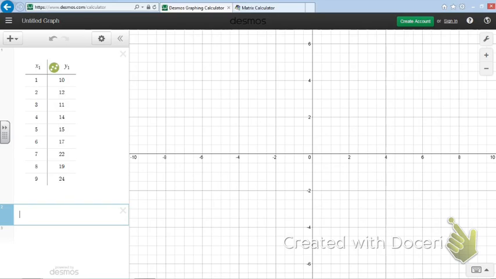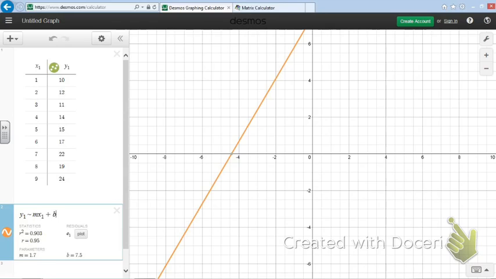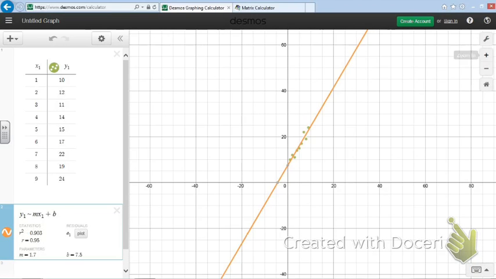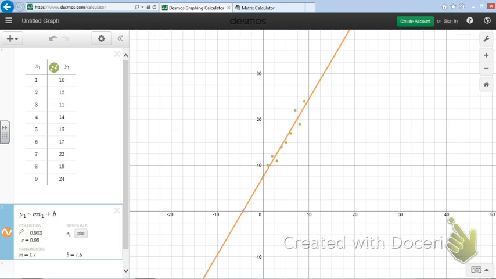So I'm just going to graph it and ask it to do a line. So y sub 1, and then m x sub 1 plus b. I might have to zoom out a little bit to see our points, but there's our points, and you can see that they do lie along the line.